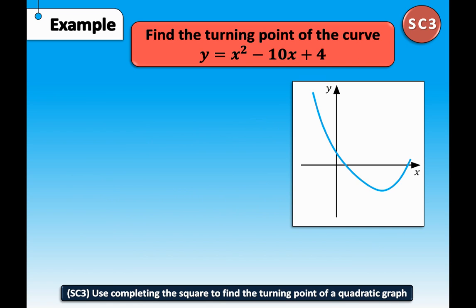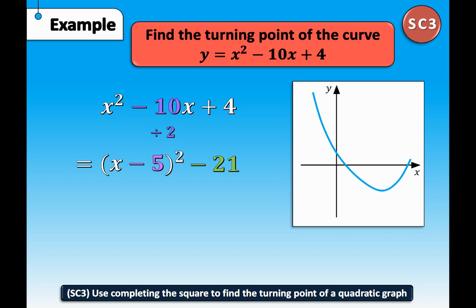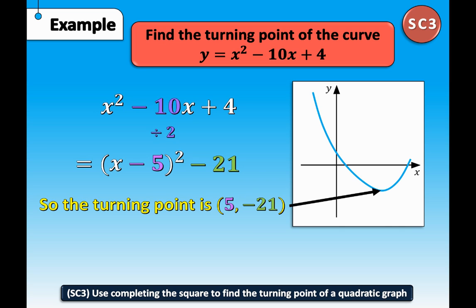For example, if I want to find the turning point of this curve with the equation x squared minus 10x plus 4, if I use completing the square, that means its turning point will have an x-coordinate of 5 and a y-coordinate of minus 21.